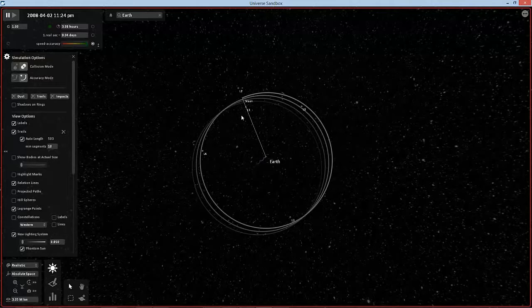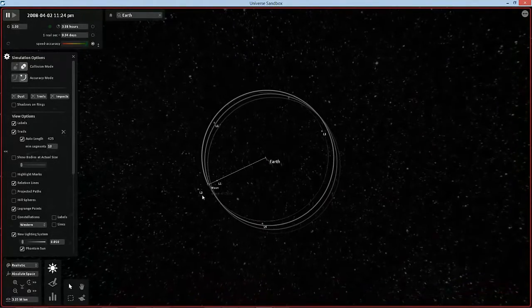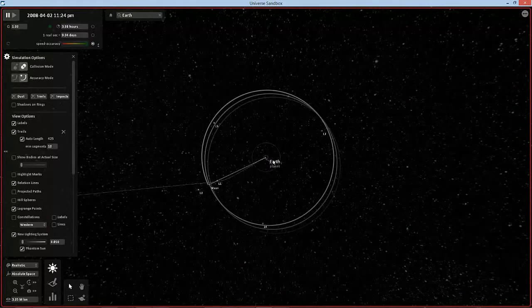The L1, L2, and L3 on this line are not stable. Why are they not stable? Well, the simple fact is, what are Lagrange points? Lagrange points are basically where you have one orbiting body, another orbiting body, and the gravitational well working.